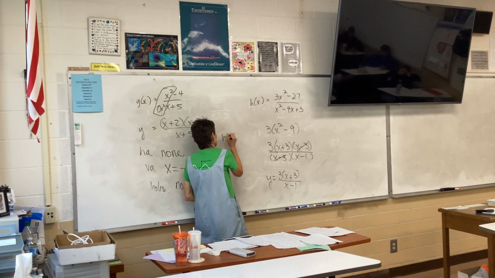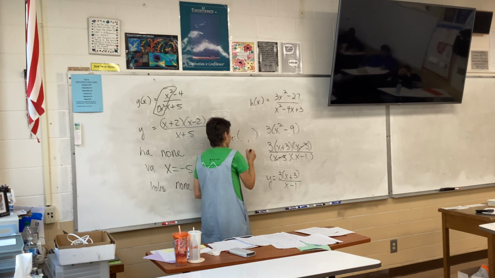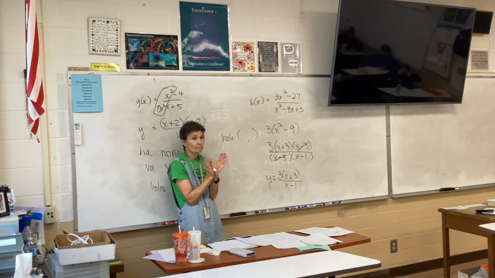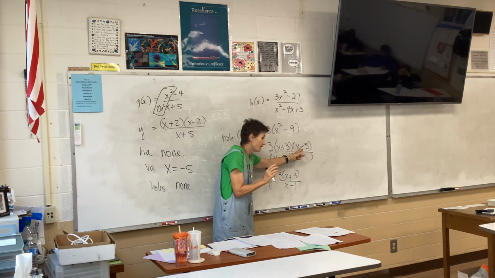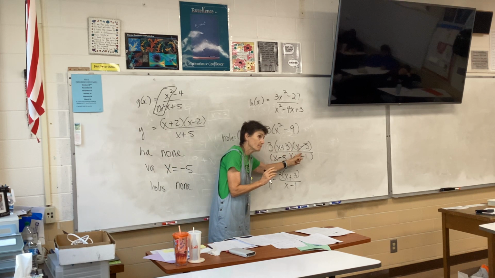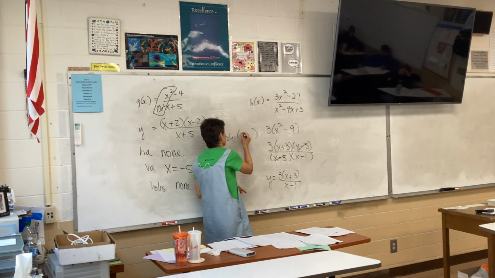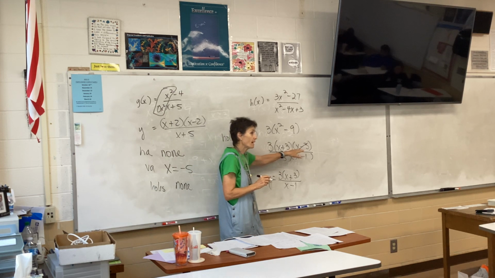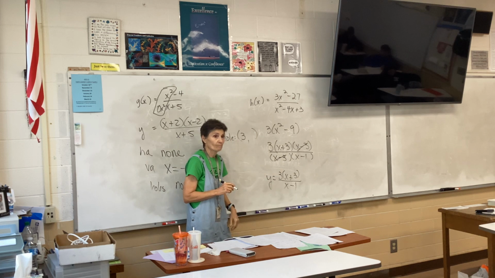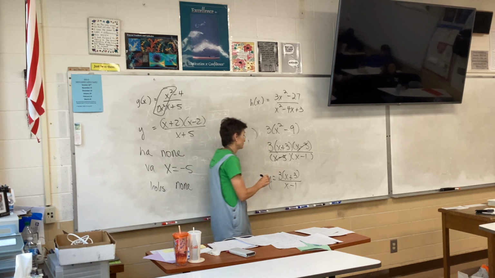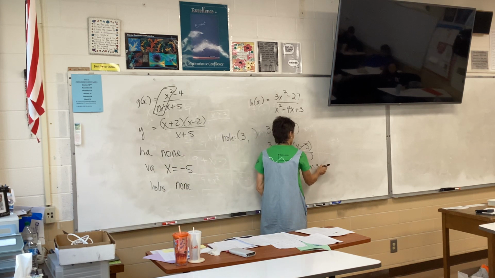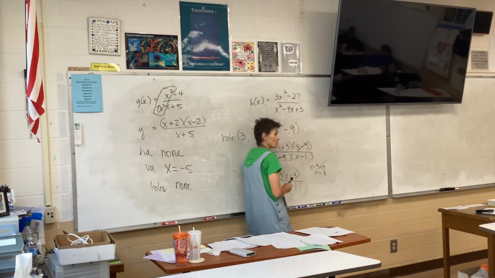Now, a hole is a point. What is the x coordinate of the point? 3. That's what canceled out. X is 3.